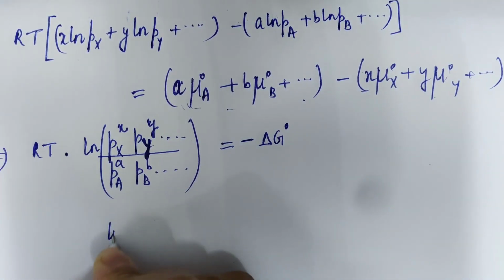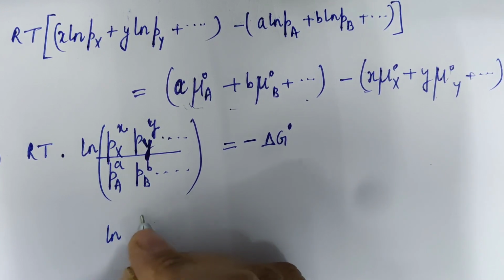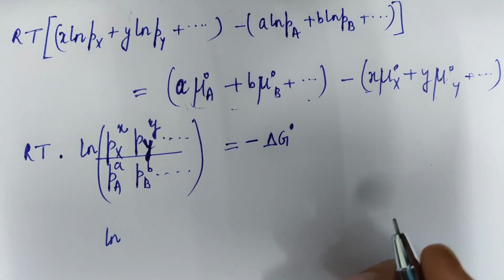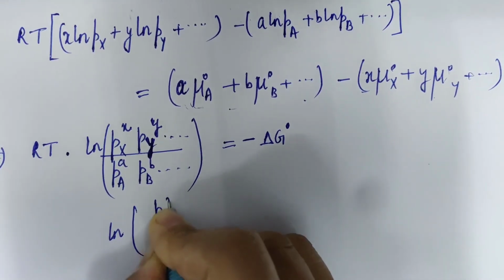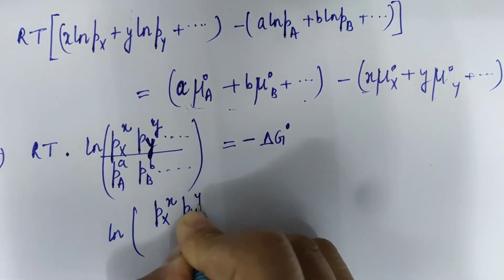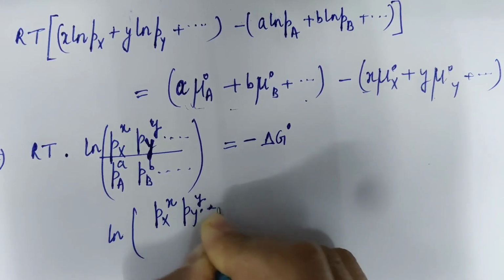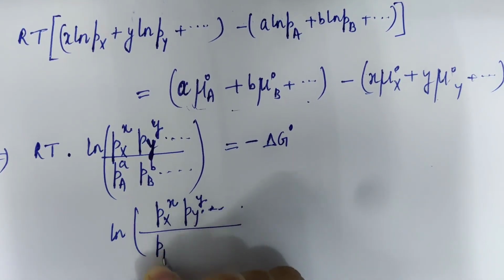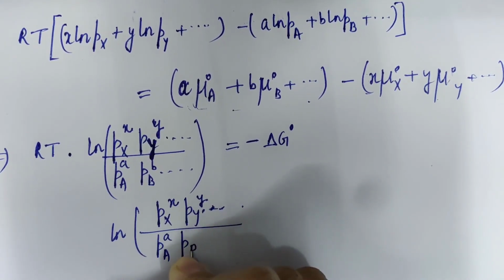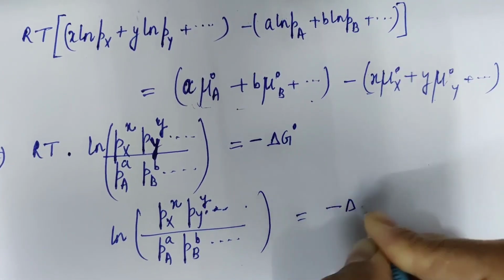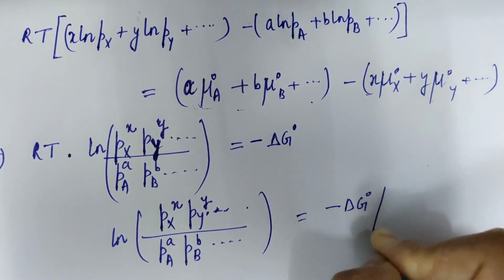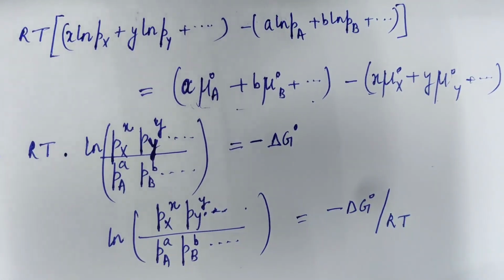Now if I take my RT term on the right hand side, then I'll get Px raised to power x, Py raised to power y, and so on, divided by Pa of A, Pb of B, and so on, equal to minus delta G naught divided by RT. Alright.